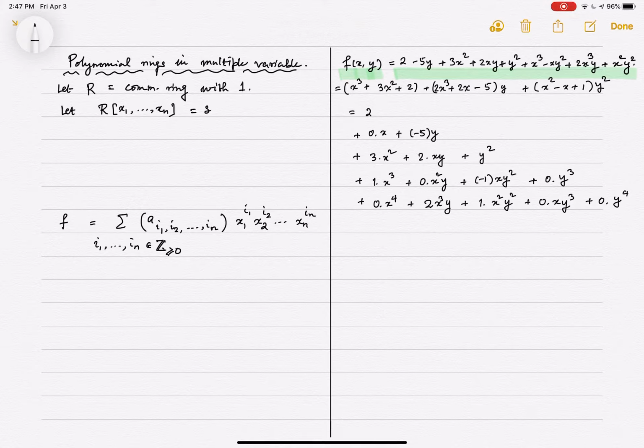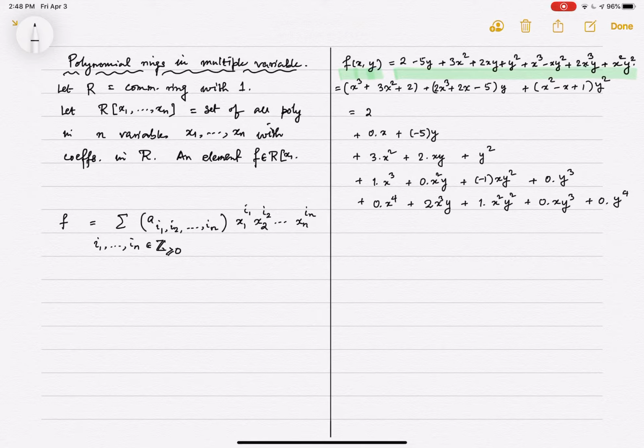It's going to be the set of all polynomials in n variables x1, x2, ..., xn with coefficients in R. A typical element f in R[x1, x2, ..., xn] has this form, where these coefficients are in R and only finitely many of them are non-zero.